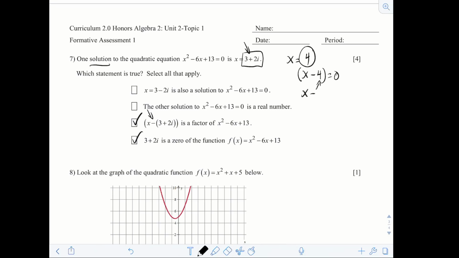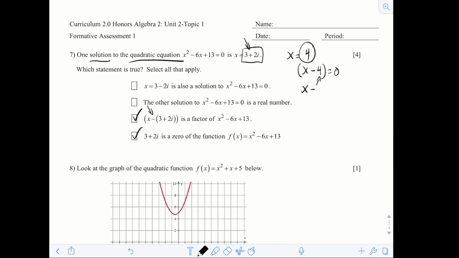Okay, the other solution to x squared minus 6x plus 13 is equal to 0 is a real number, and that is not the case. The important thing to remember with a quadratic equation, especially when we have that x squared, is that we have 3 different options.